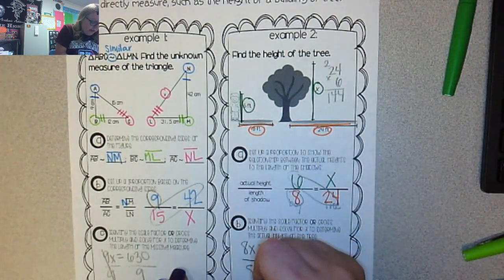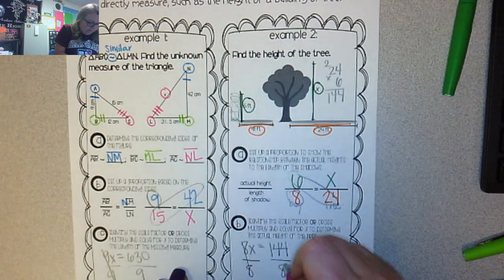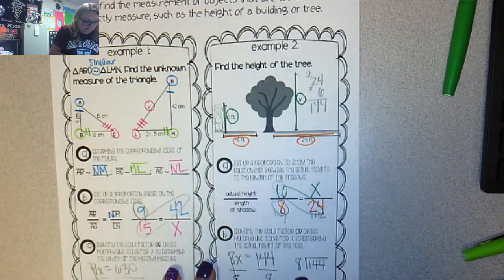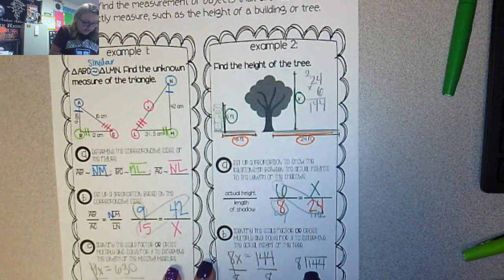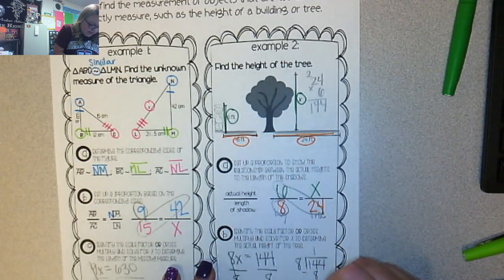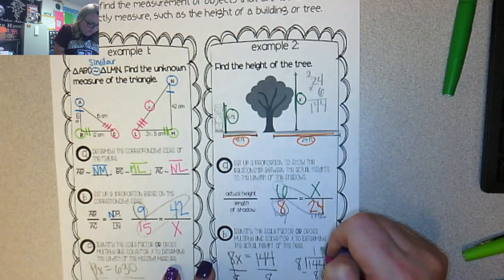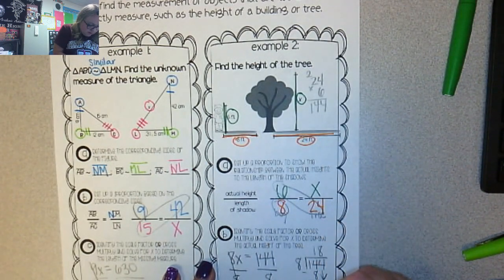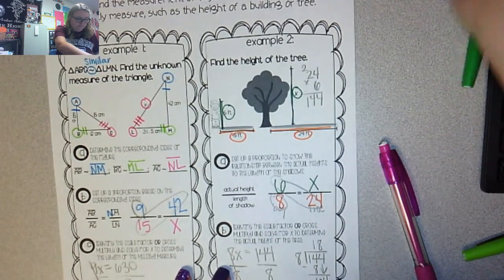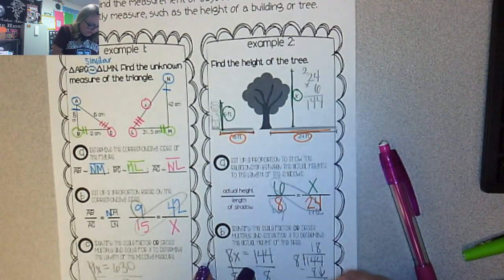So you're going to divide by 8, divide by 8. So I'm going to put 144 inside the house and put 8 on the outside. So 8 goes into 14 one time. 14 minus 8 is 6. Bring down the 4. 8 goes into 64 8 times. So x, the height of the tree, would be 18 feet.